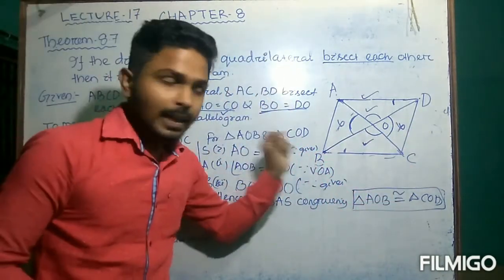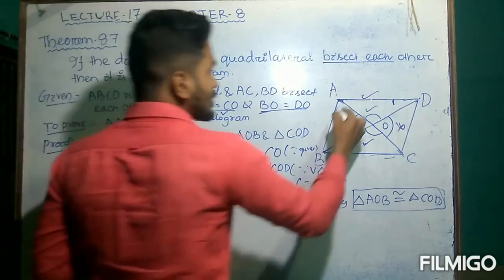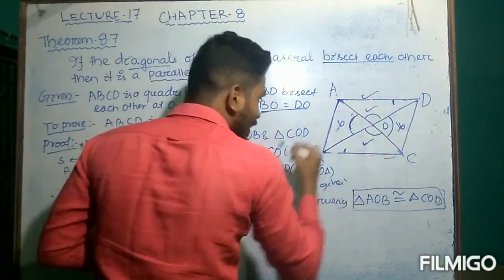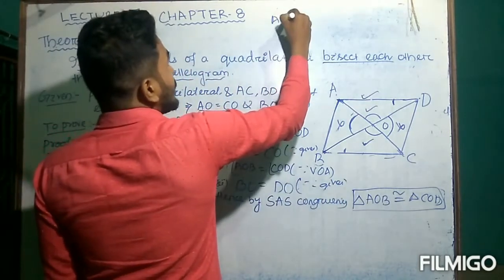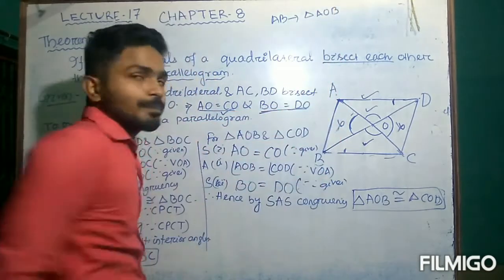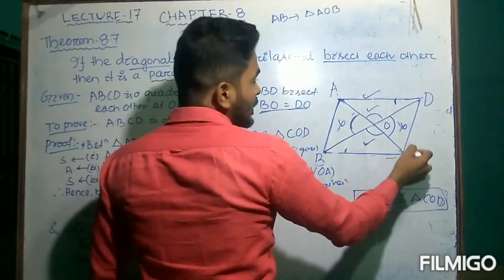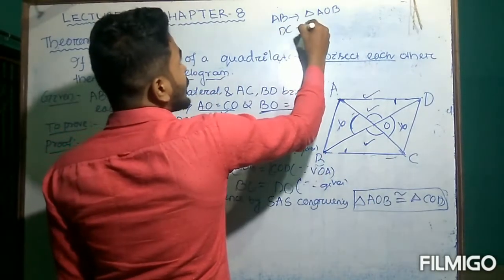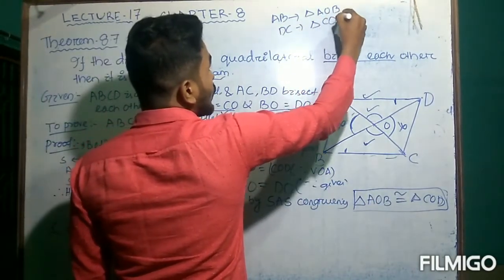It is done. Next step is, see, if we consider triangle AOB, then AB is a side of this triangle AOB. Similarly, if you consider COD as a triangle, then DC is a side of triangle COD.